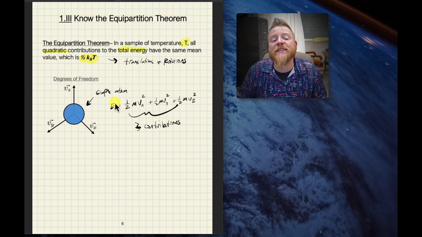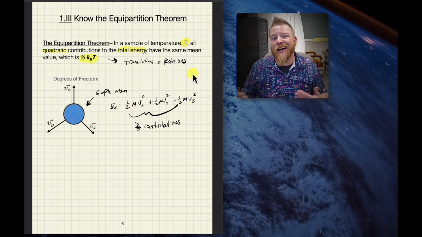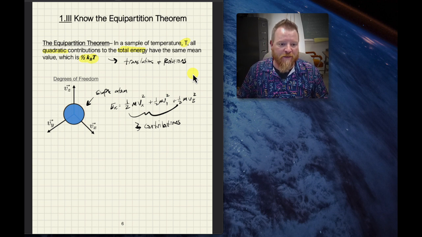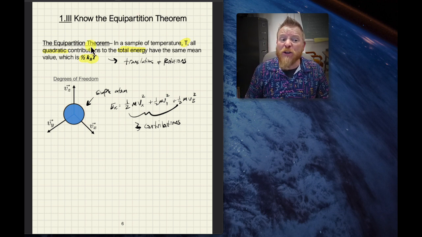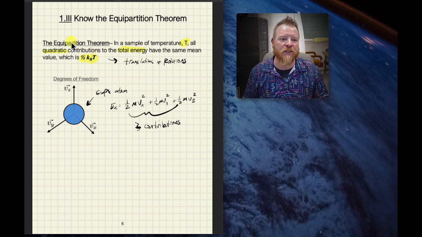So we could, of course, calculate the kinetic energy of our simple atom with knowledge of its mass and its velocity. However, if we don't know its velocity or we don't have a good way of assessing that, we can use this shortcut, this estimation in the equipartition theorem. So we will get a contribution of 1/2 kBT for each of these quadratics.